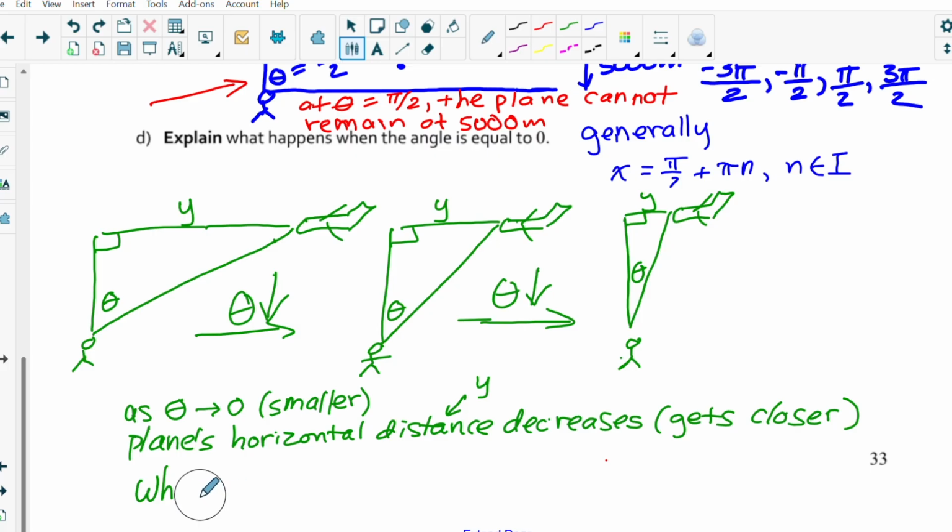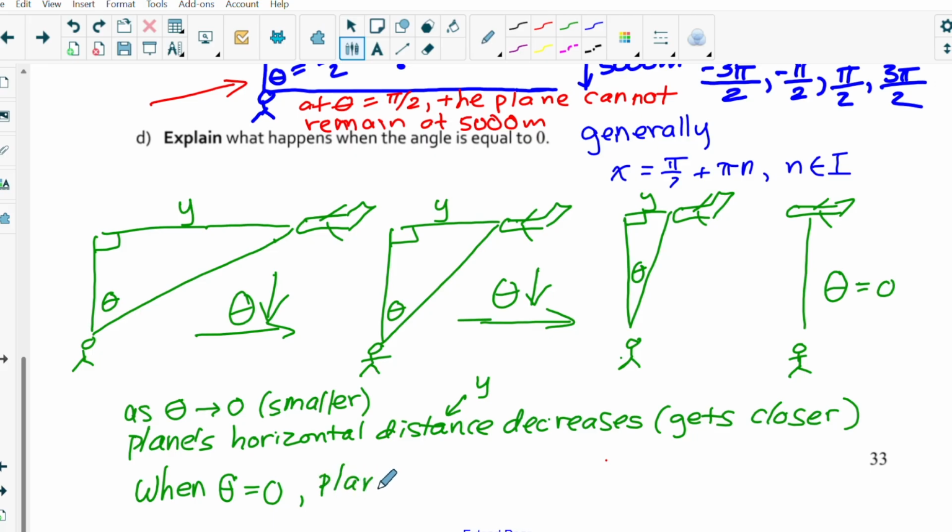When theta, the angle, equals 0, what happens? It's no longer a triangle. And physically, what's going on? When theta equals 0, the plane is directly overhead.